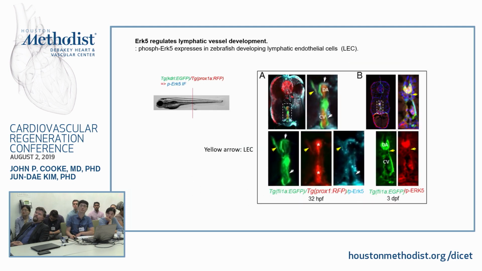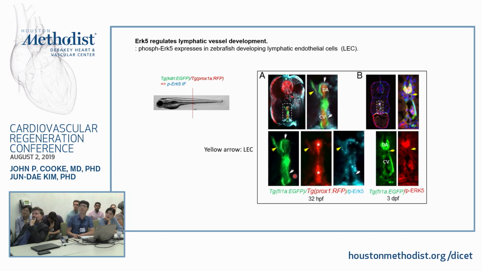First, we found that phospho-ERK5 is expressed in the developing endothelial and lymphatic endothelial cells of zebrafish. This figure is a coronal section image of this transgenic line stained with phospho-ERK5. Green is for endothelial cells, and red is for Prox1-positive lymphatic endothelial cells.